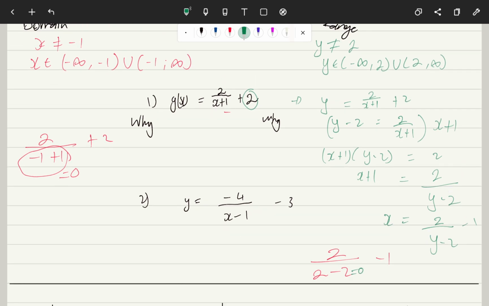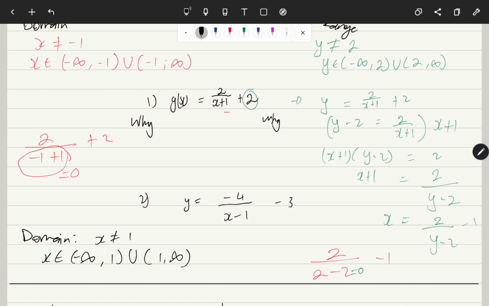So very simply, without any hard thinking, we can answer the second question and say the domain for this one is: x will not be equal to 1, so x is an element of (negative infinity, 1) union (1, positive infinity).